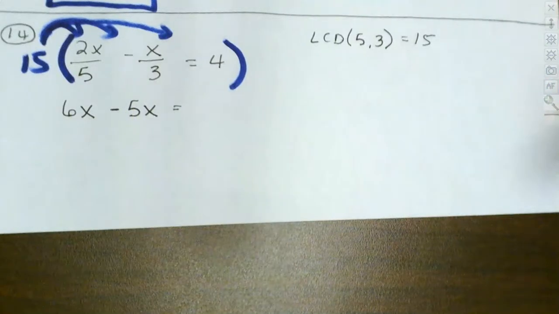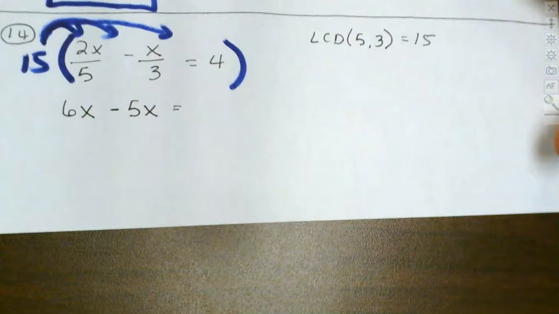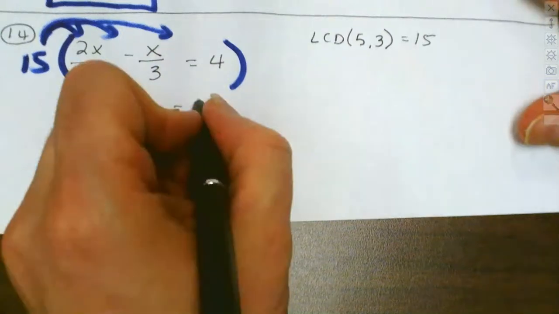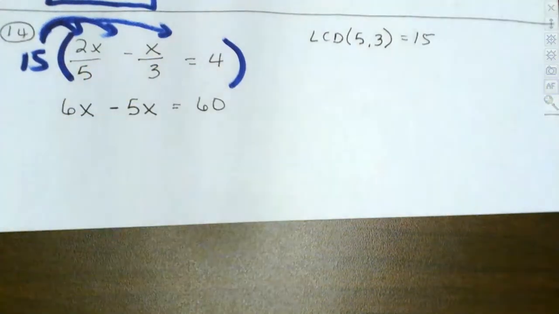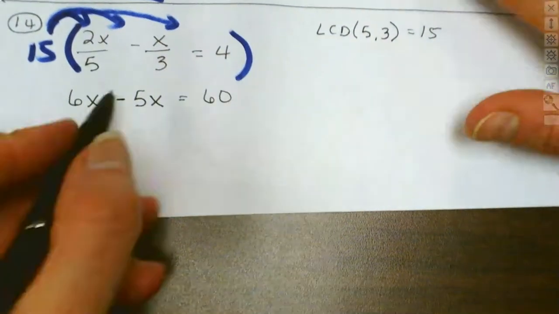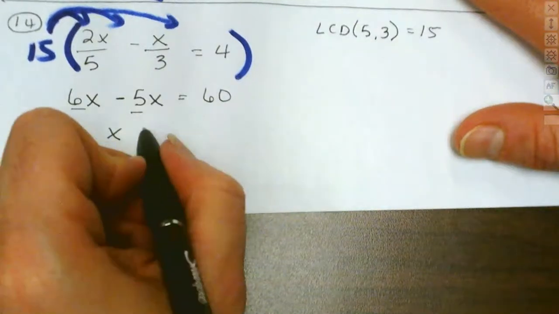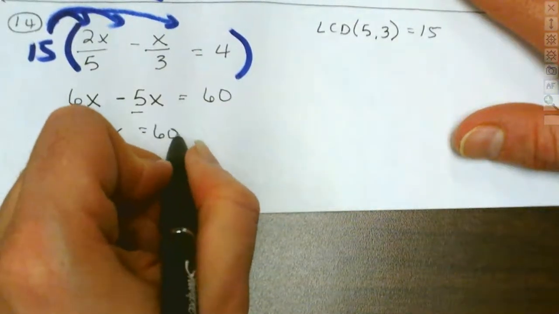On the right-hand side, what do we have? We have 15 times 4. And 15 times 4, well, that's a 60. And we're almost finished. How do we finish it? We can combine these together, and that makes it a single x equals now what? 60.